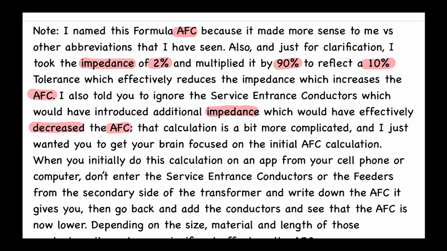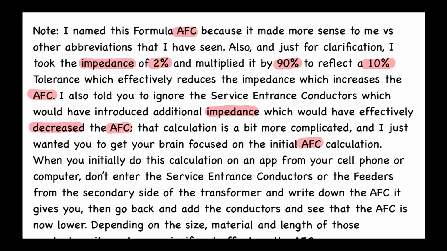That calculation is a bit more complicated, and I just wanted you to get your brain focused on the initial available fault current, the AFC calculation. When you initially do this calculation on an app from your cell phone, which we'll do a little bit later in the video, I'm actually going to open up an app and we're going to run through this calculation so you can go check out the app, which I think is pretty cool.